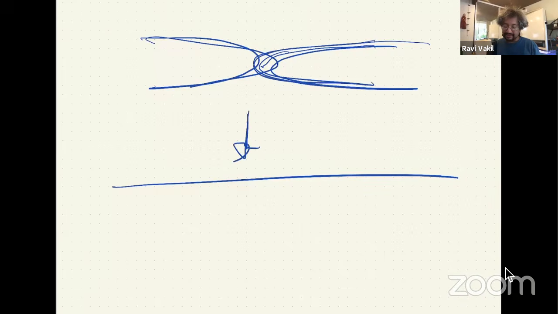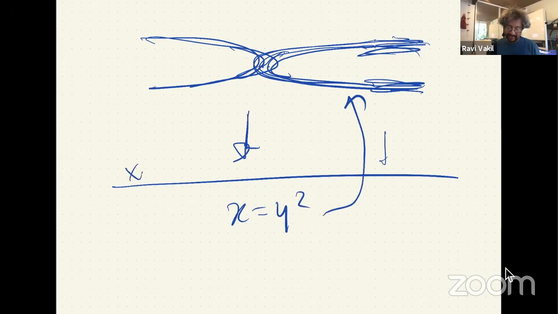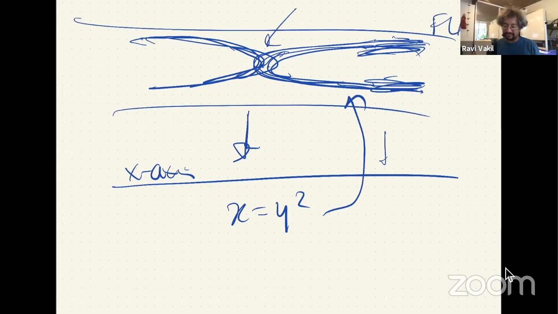You might think of it as a nice cover in general. This is x equals y squared, and this is the x-axis. You might say that this looks like a nice map. It's locally a product, except here, but it is flat. So it's not naively nice, but it really is nice.